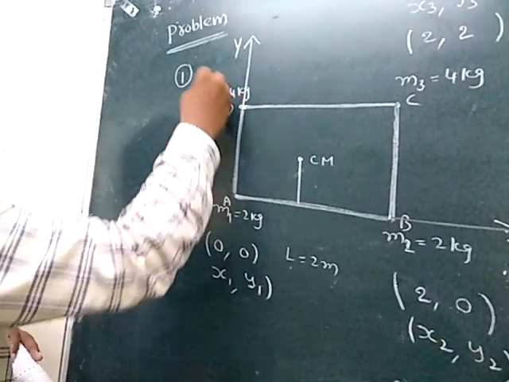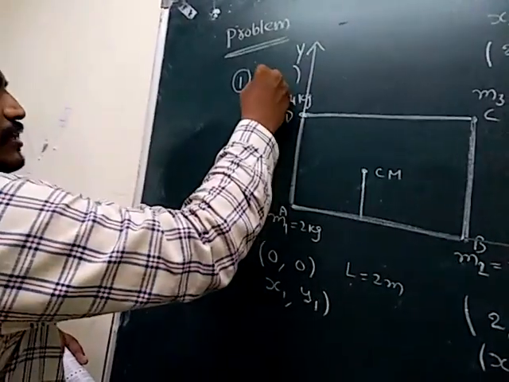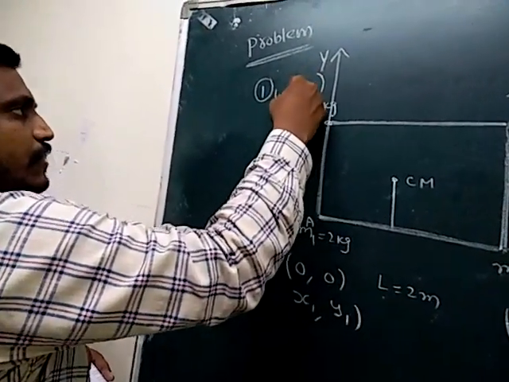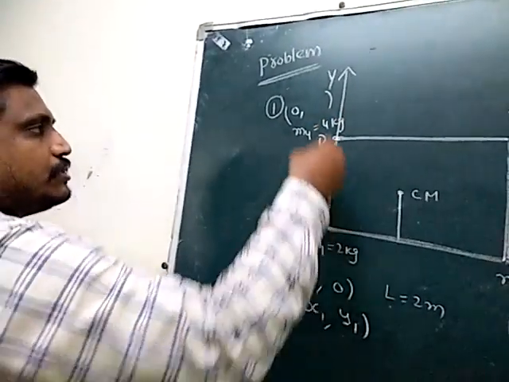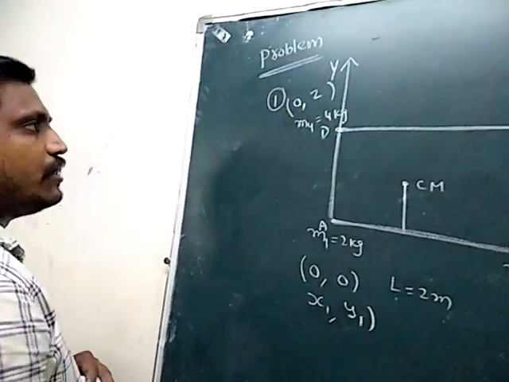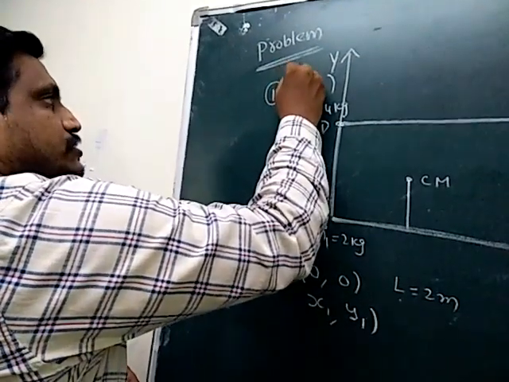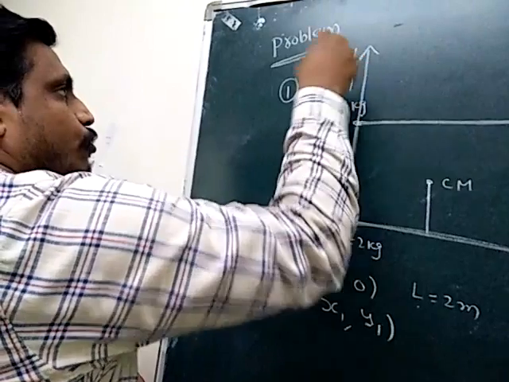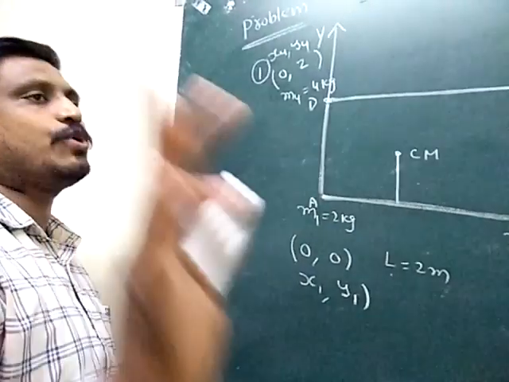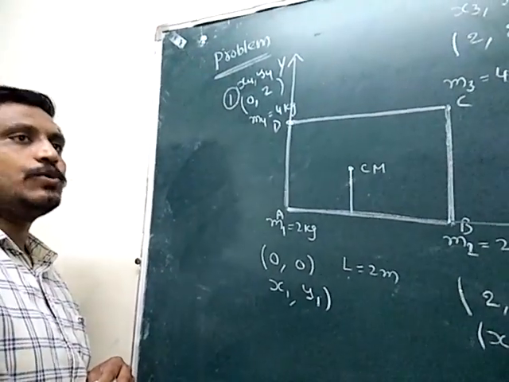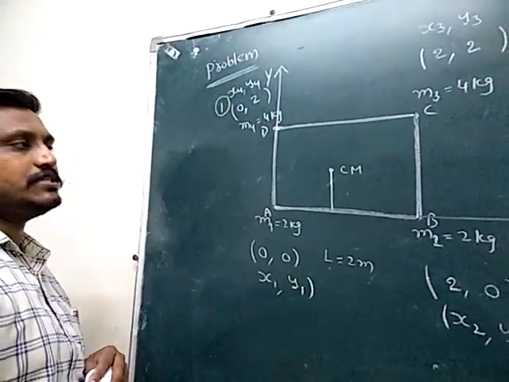M4 is on the y-axis so x becomes 0. Here the length is 2 meters. This is called x4, y4. In the diagram, we first assumed the coordinate system and identified the coordinates.